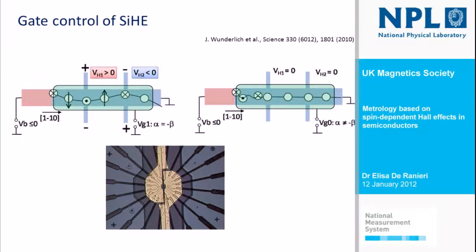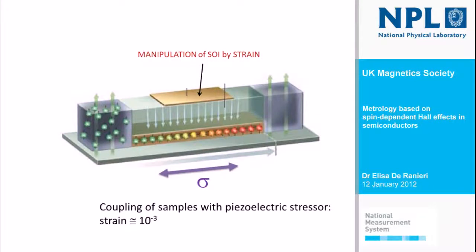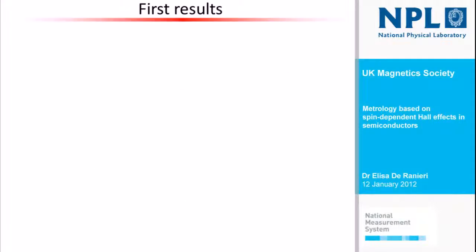Therefore they achieved a sort of 1 or 0 signal, and they also demonstrated an AND logic function with this kind of device. What we also aim to do is a similar thing, but now using strain and coupling these samples directly on piezoelectric stressors, which can induce strain of about 10 to the minus 3 at room temperature.